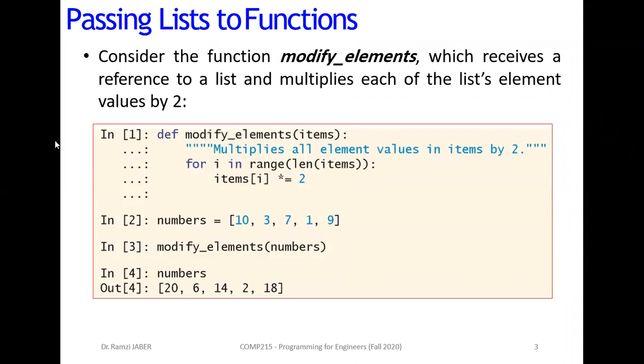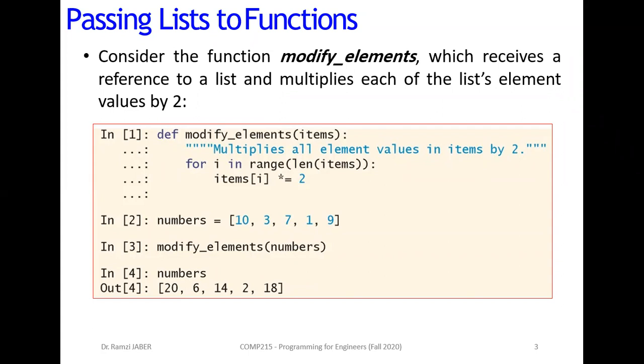So this function will multiply each element inside this list by 2. This is the command: multiplies all element values in item by 2. Always, when we enter a list, read from a list, or modify a list, we use a for loop.